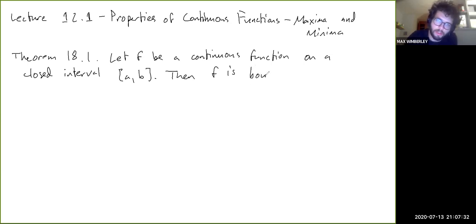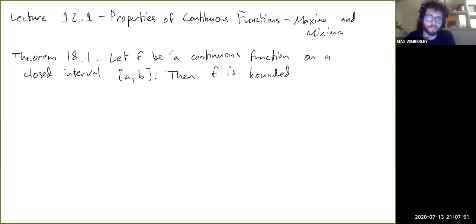So f is bounded. When we say f is bounded, that means that there is some number, capital M, such that the absolute value of f is less than or equal to capital M for all x in the domain of f, or at least for all x on the closed interval AB.